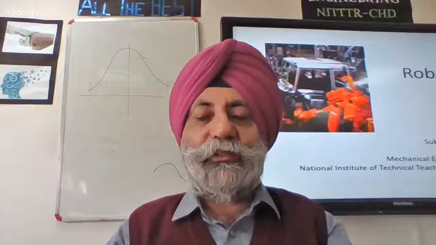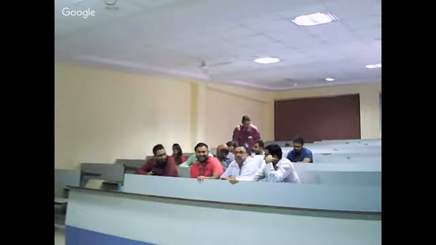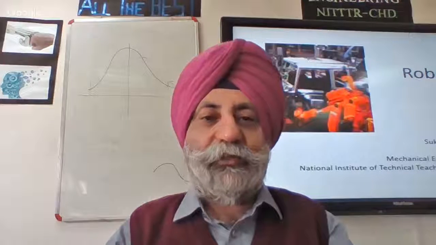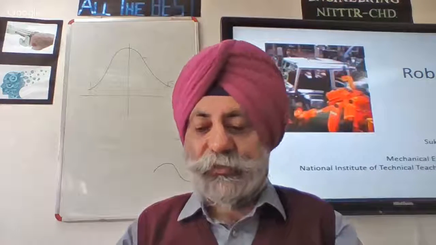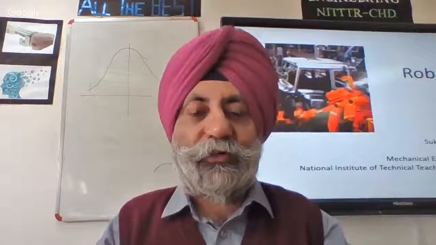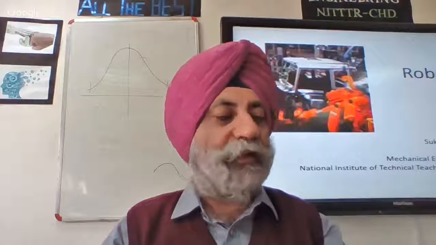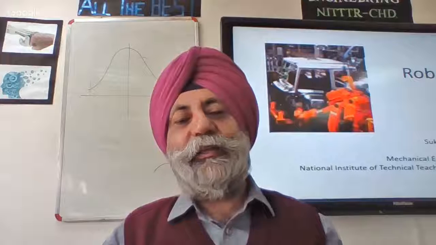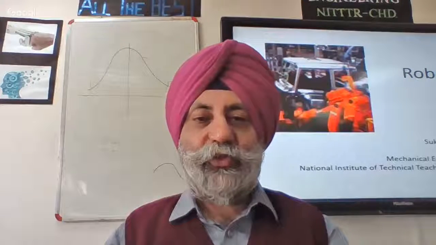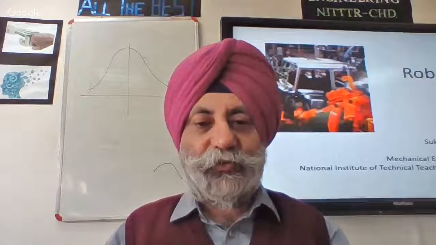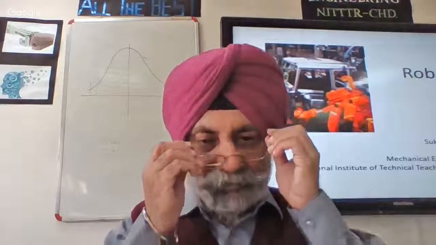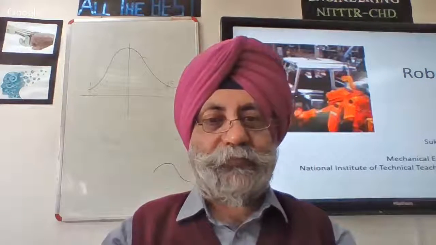In this connection, automation systems play an important role, and robots are a very important part of automation. They are used widely in material handling and in many assembly and joining operations. Today we'll have an overview of robotics during this session.